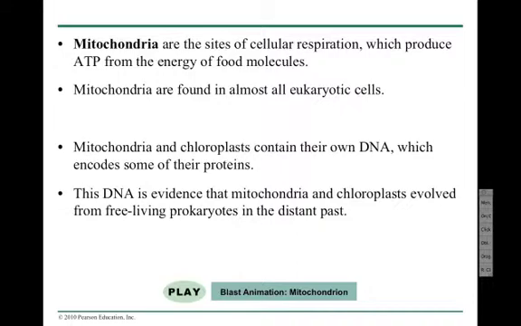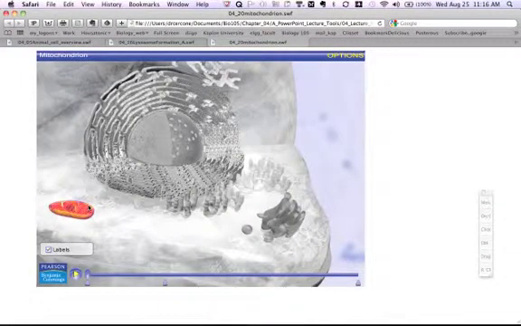That bacteria had its own DNA. It eventually became a part of the cell, and in turn, it became the mitochondria, or the energy producer of the cell. So here is the mitochondrion.